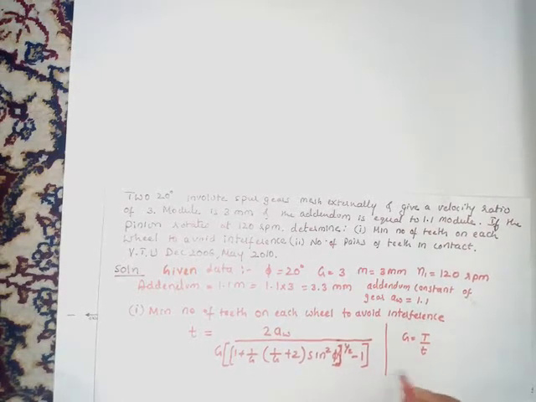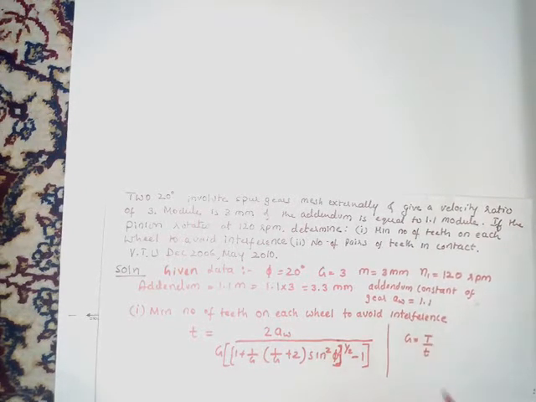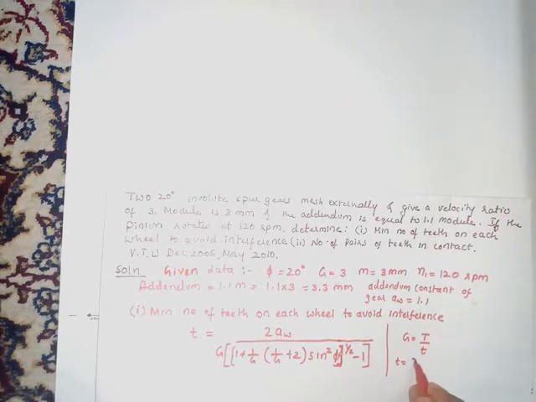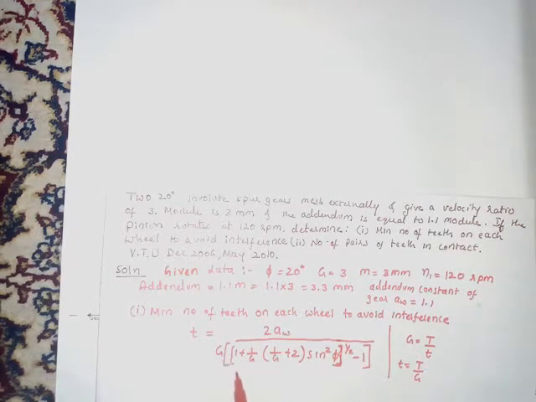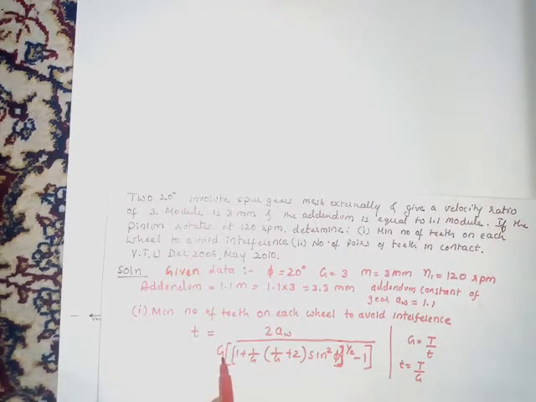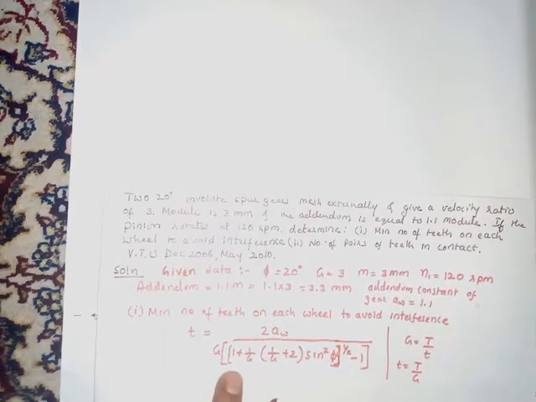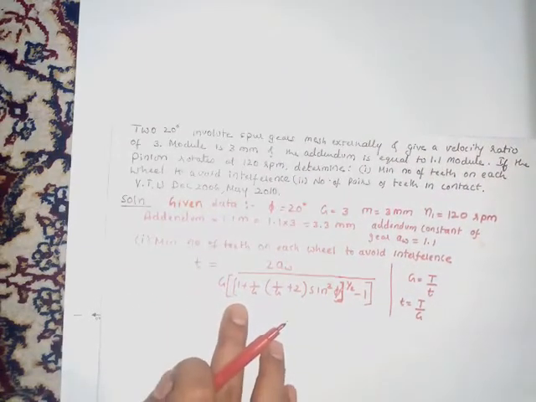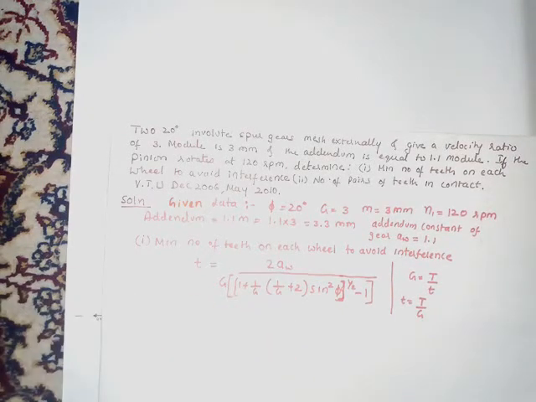So small t is equal to capital T by G, so the term what you see here, 2AW, and this whole term is small t and G is the denominator, this G. So it is because of this reason why we are writing the minimum number of teeth on wheel as this equation.